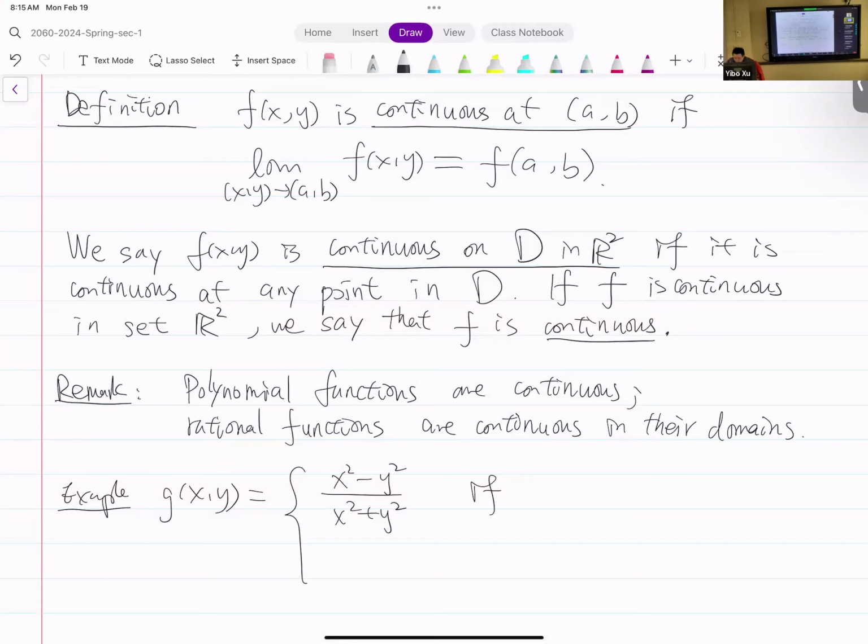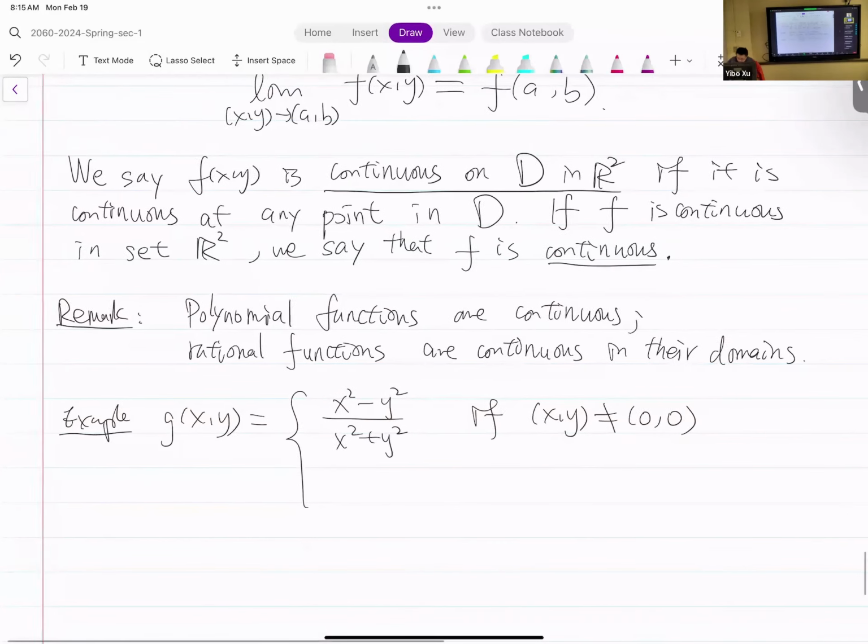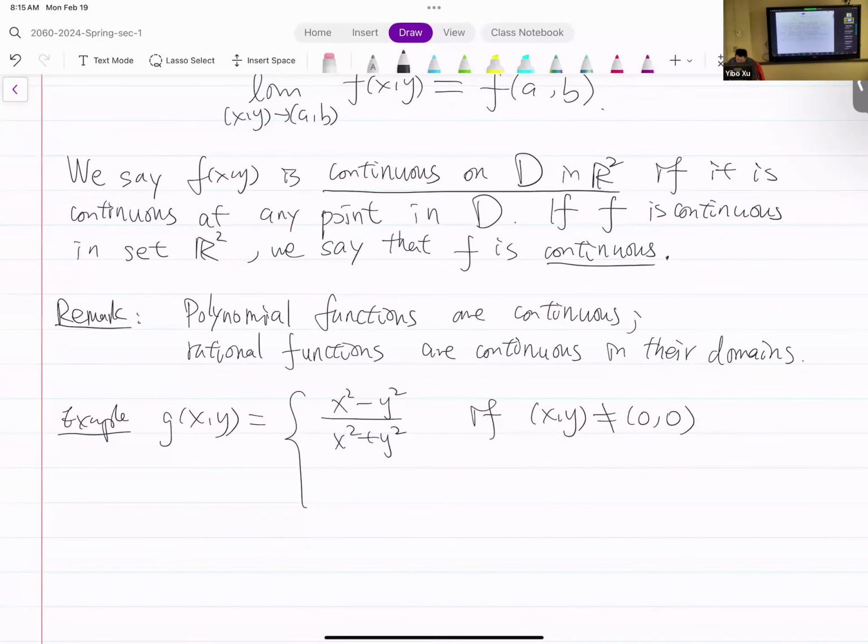This function is defined at any point not being the origin, right? As long as the pair xy is not the origin, then this fraction is well defined. Okay. So now let's say at the origin, let's define the output to be 0.